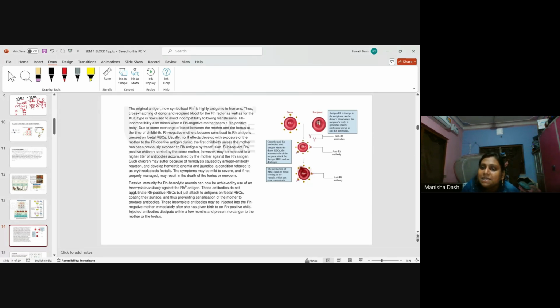So if the recipient is Rh negative but the donor is Rh positive. If the recipient is Rh negative, it will have the anti-Rh antibodies.